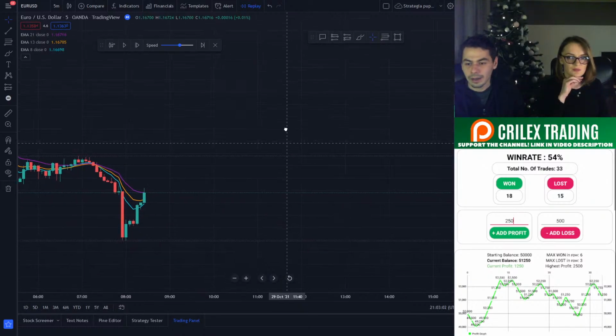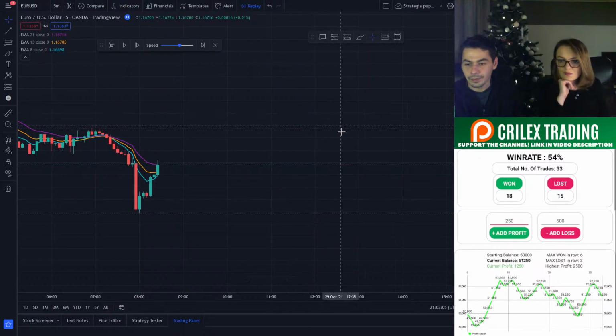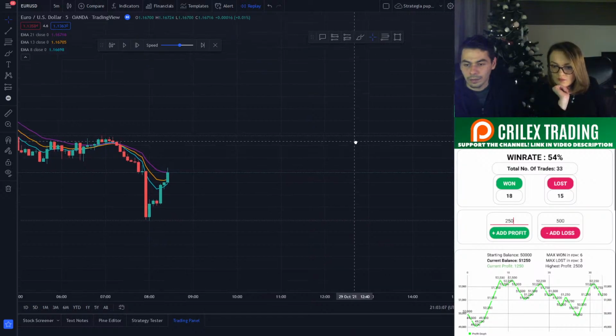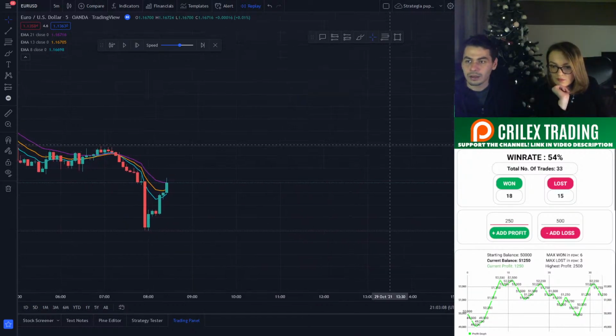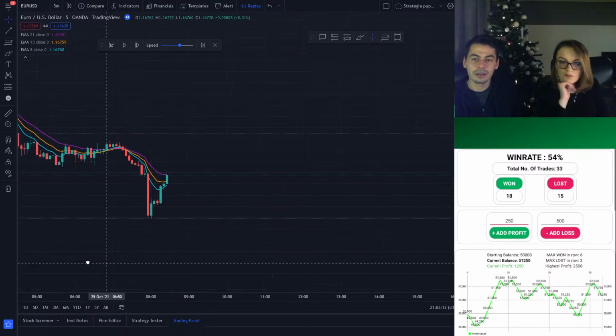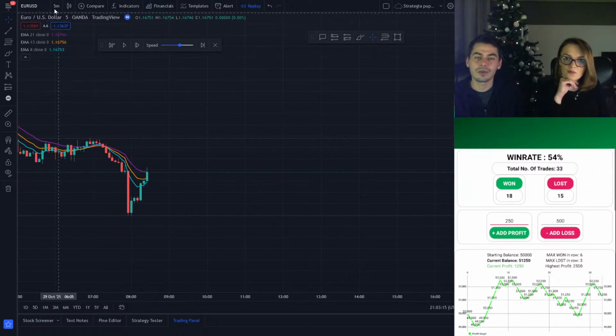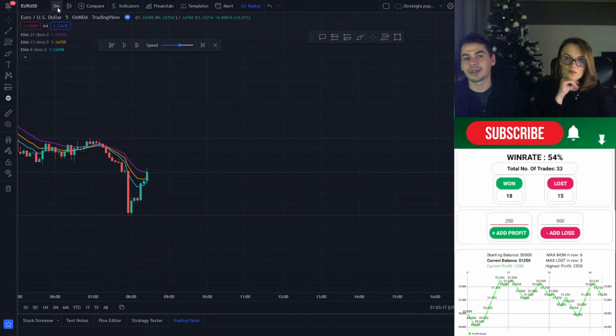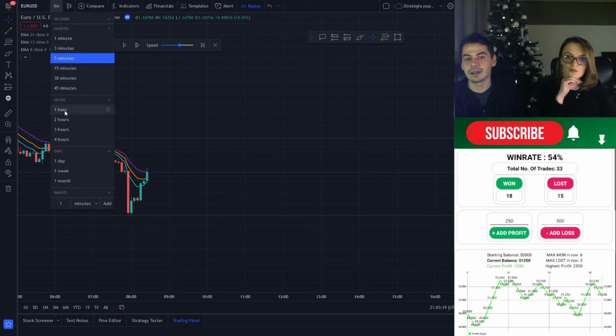Filter trades? No, but we tried this strategy on several pairs, and actually there are some pairs on which it works just fine as it is.